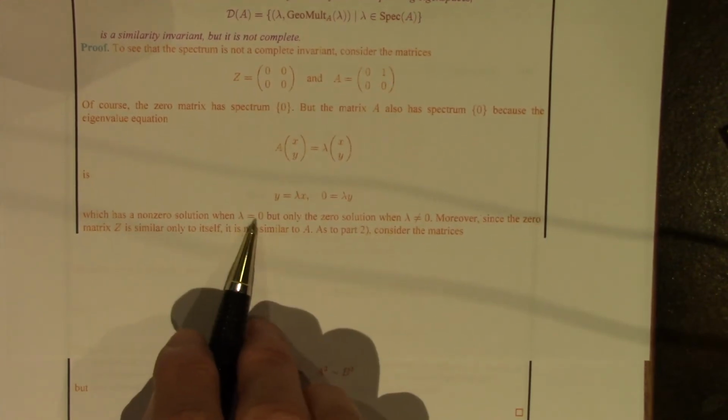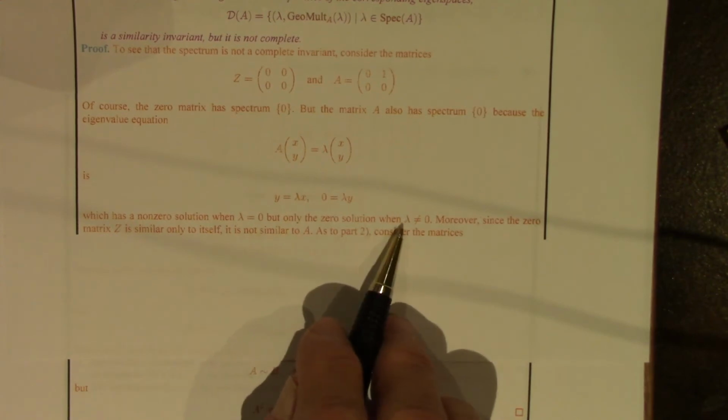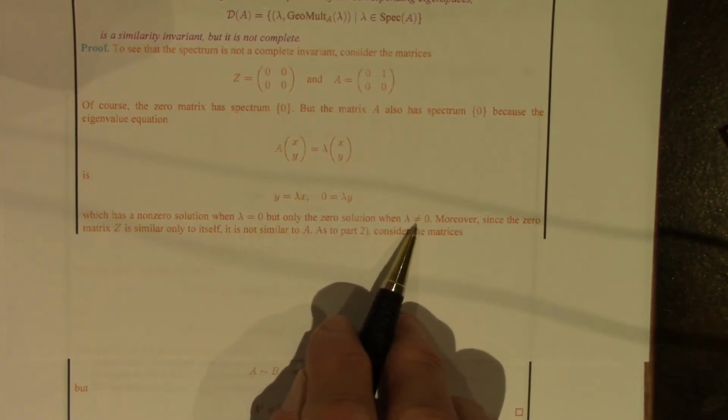So lambda equals 0 is an eigenvalue, but no other scalar is an eigenvalue.